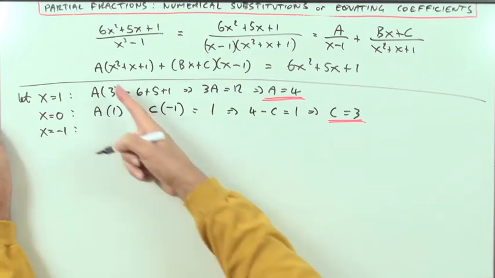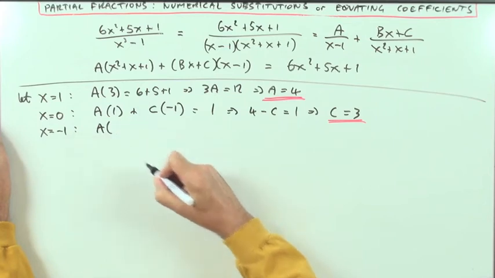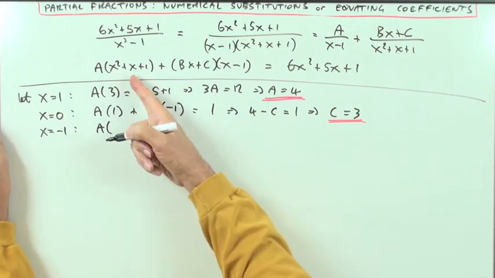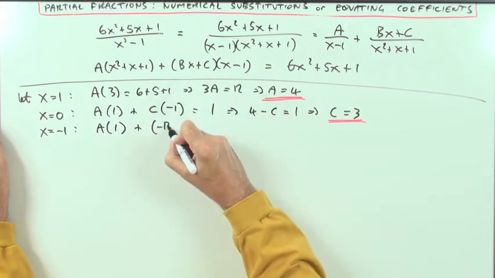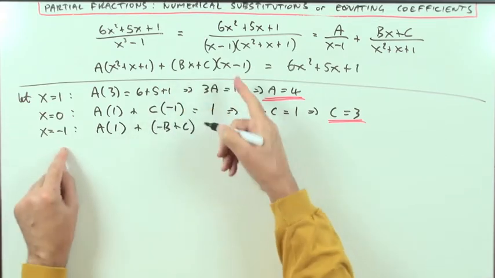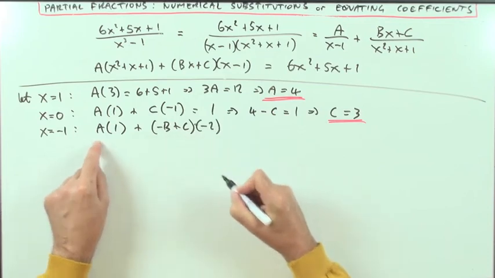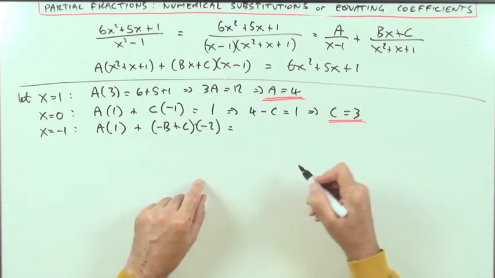So if x was negative 1, I just have to be slightly more careful with this, because that's going to be 1 minus 1 plus 1, so I'll just be 1, plus negative B plus C, and that will be negative 2, but of course I know what these numbers are anyway, equals 6 minus 5 plus 1 on this side.